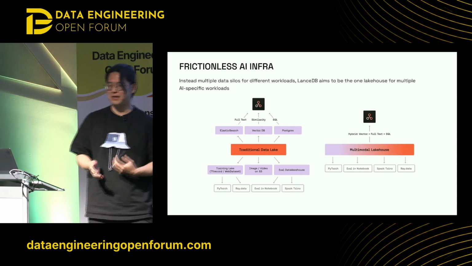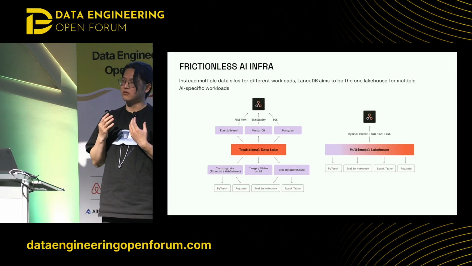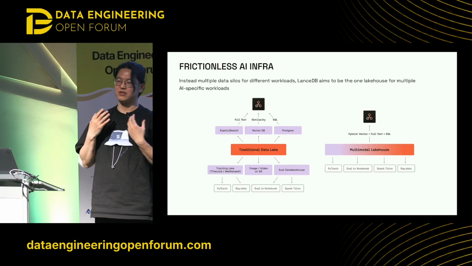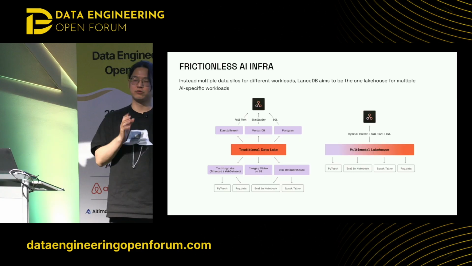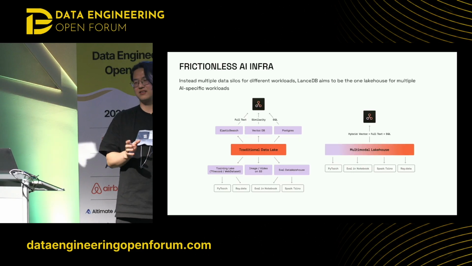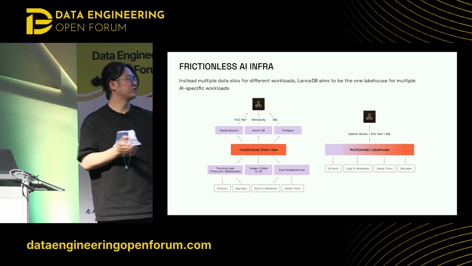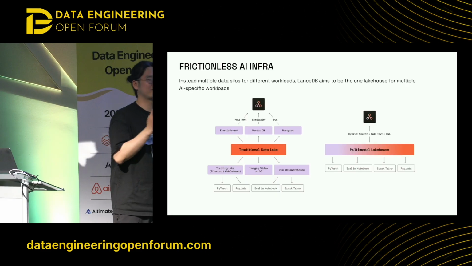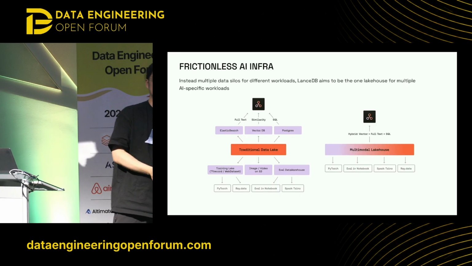And as Pablo has been saying, we came to the realization that we need a lakehouse to remove the data silos, because you don't want different data warehouses and different engines operating on the data in different silos. But once you move to a lakehouse, you still have exactly the same problem with AI infrastructure, because you still have to load data into a vector database to do a vector search.